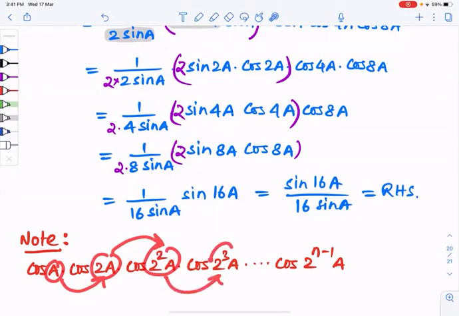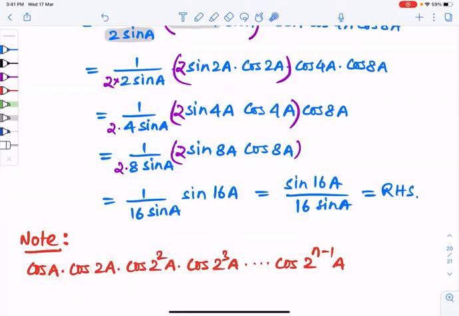Then finally the right hand side will be sine of 2 to the power n A divided by 2 to the power n into sine A.